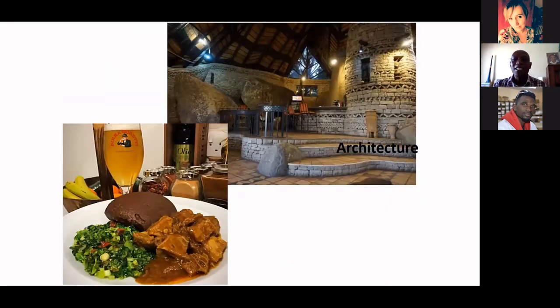Of course, architecture, for those who have been in the kingdom, in Victoria Falls, for those who have seen the lodges at the ancient city, all inspired by the architecture at Great Zimbabwe.